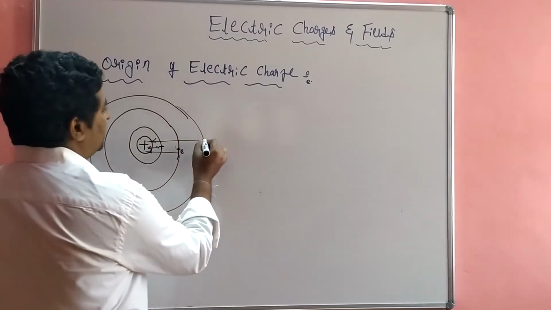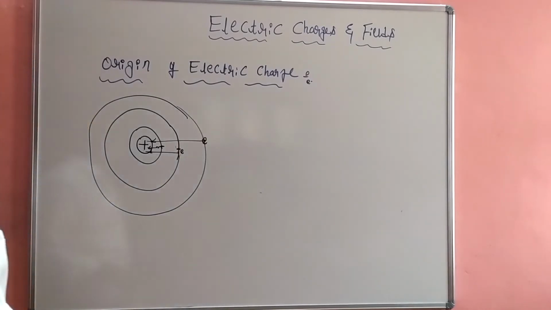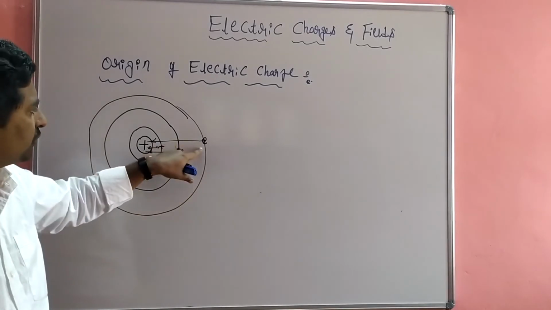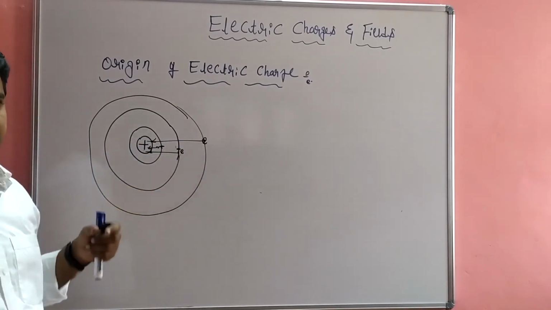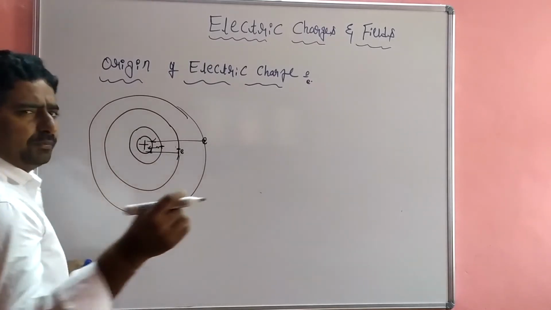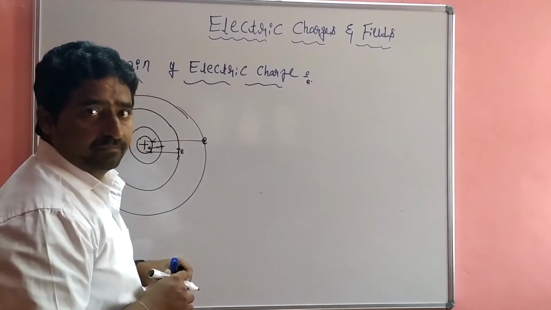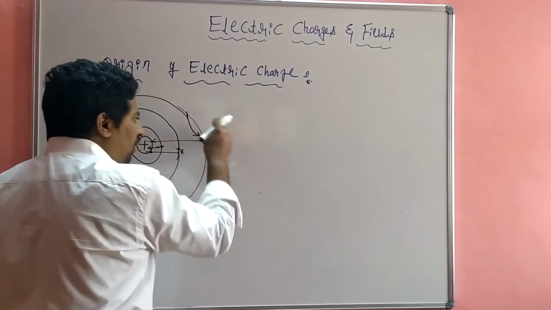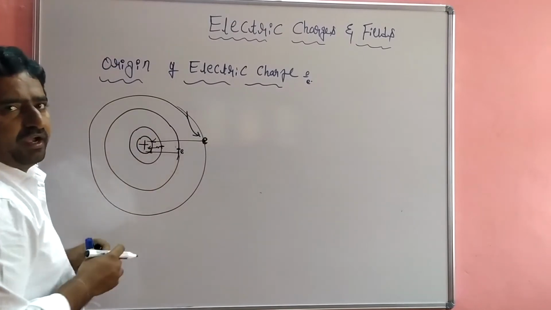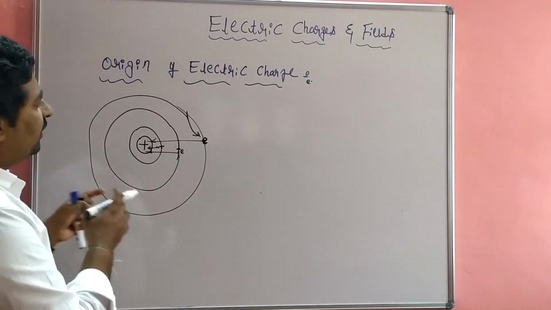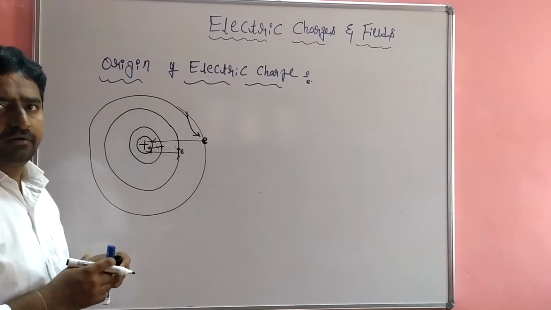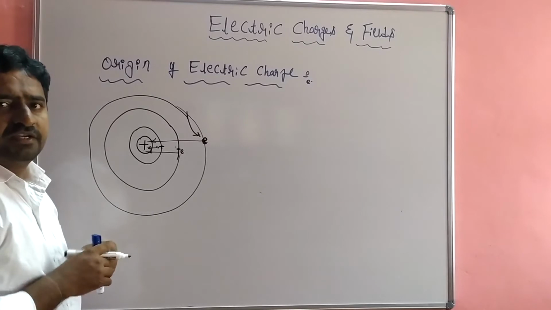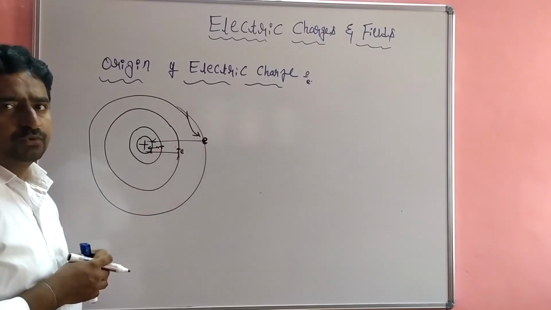The force of attraction is very negligible. So only a small amount of work is required to leave the electron from this atom. It is a very negligible amount of work done to remove or lose this electron from the atom. That work is done by the rubbing method. Easily, work is applied to lose this one electron.